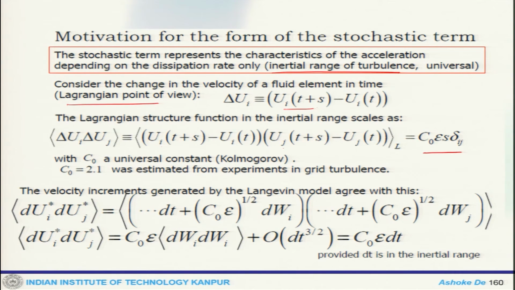Now similarly, the velocity increment due to the Langevin model nicely correlates with this concept, and this is where you get this term and the other part. This particular part is correlated like this, and this is in your inertial range. This is coming from the stochastic physics, where you try to see the consistency between your other phenomena.